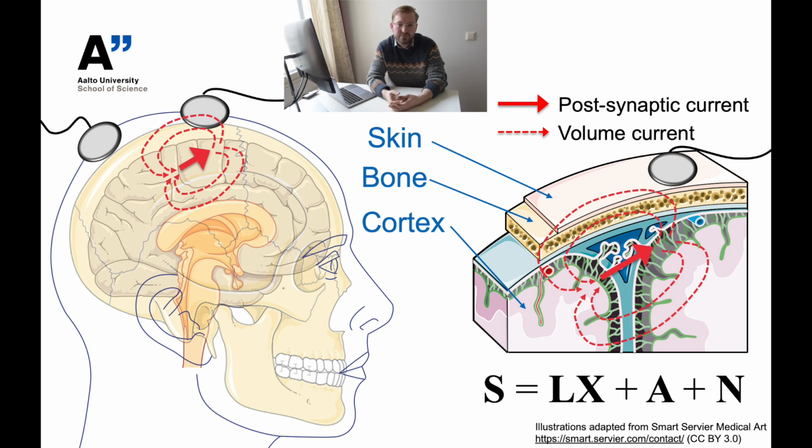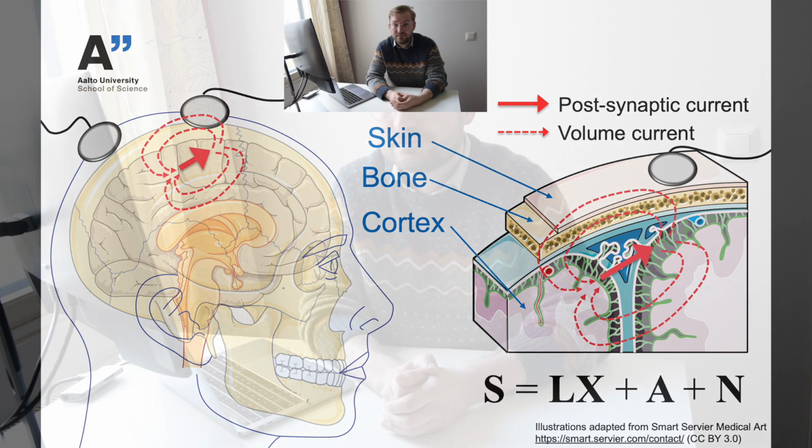Our signal S can be written in terms of the artifacts A, the noise N, and then the unknown cortical signals X, which are linked to our EEG signal through the lead field matrix, which basically describes how our different EEG sensors are sensitive to all the possible cortical signal sources that we might have. By using this equation in a smart way, we can remove some challenging artifacts from the TMS EEG signal, as we will see today. The tools we are using today work on MATLAB.